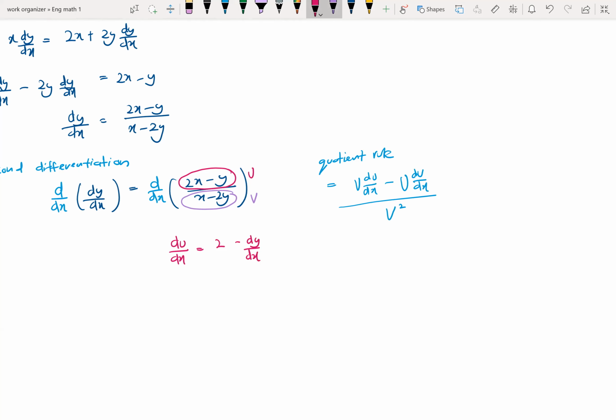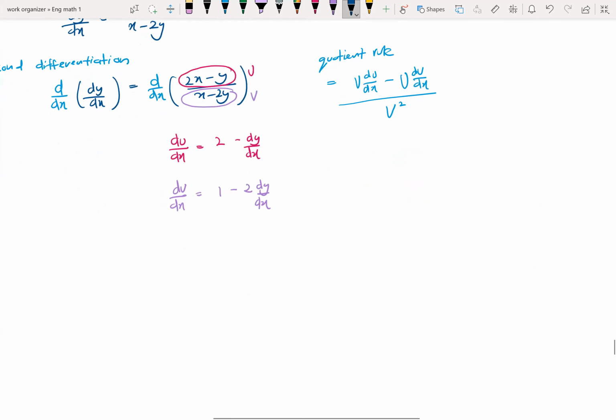And for v, dv dx is 1 minus 2 dy over dx. So dy dx here will become y prime.